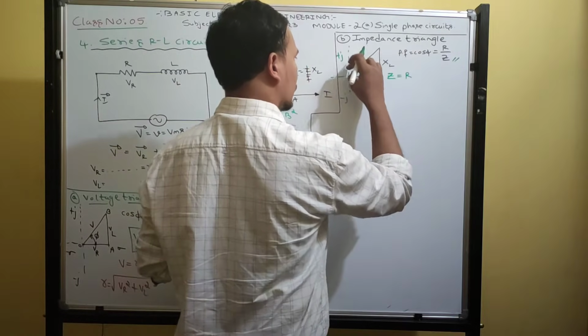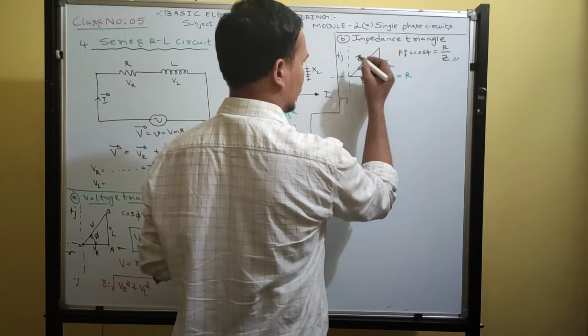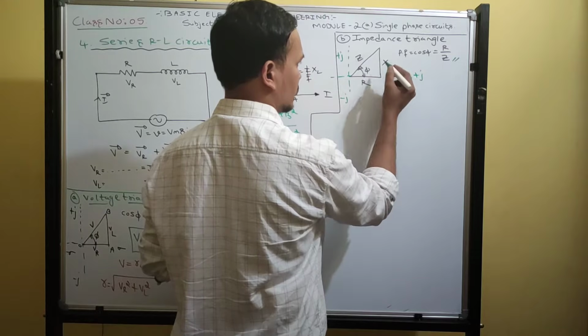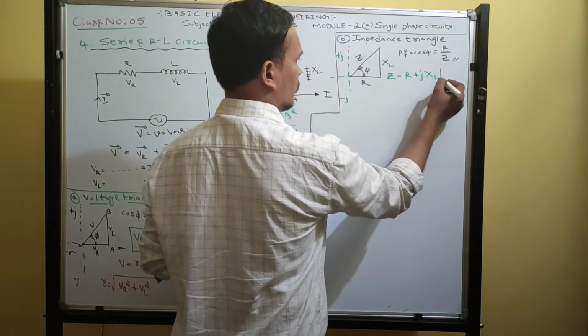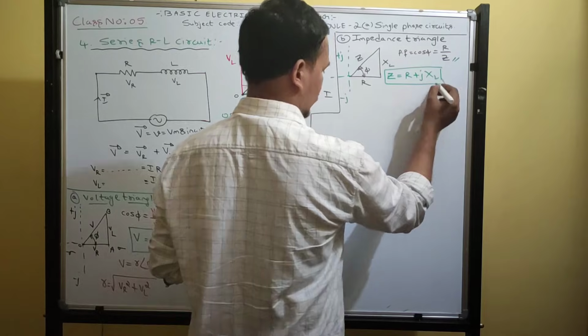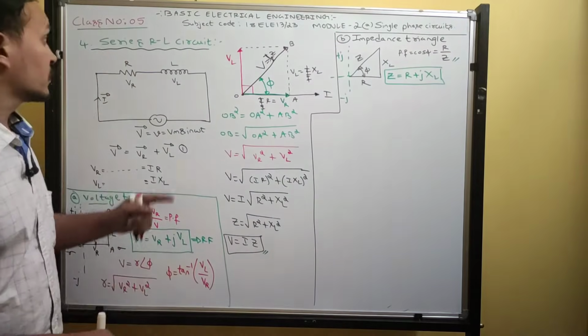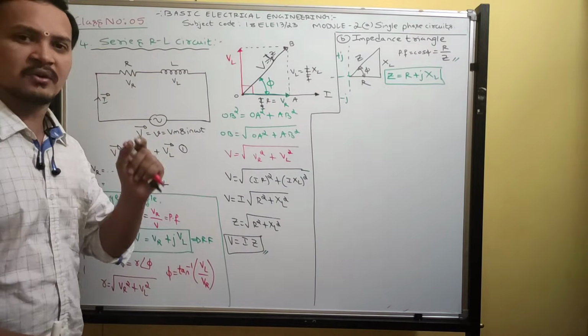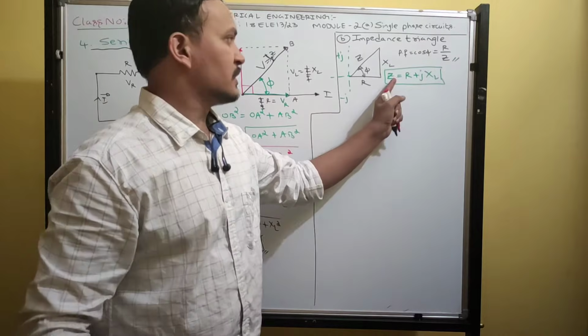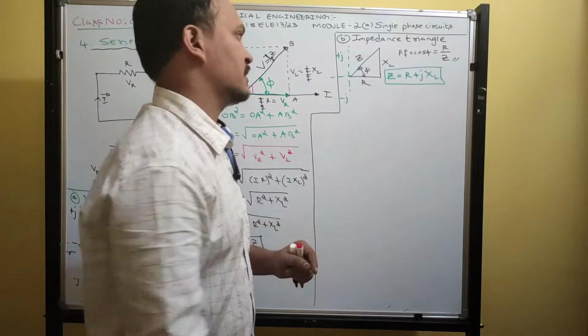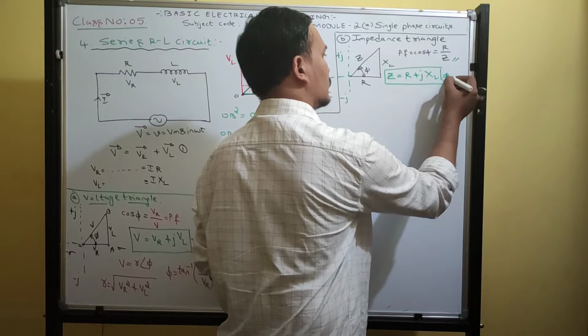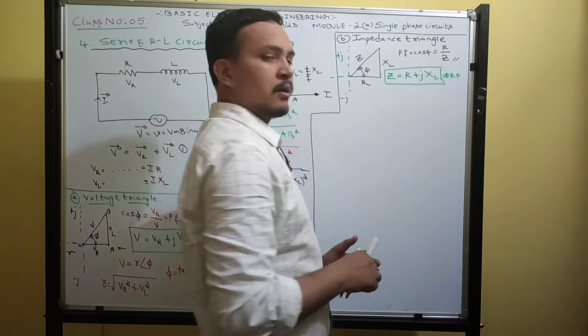Now what is XL? It lies on plus J. Write that imaginary component plus J. What is the value? XL. Therefore impedance in rectangular form for a series RL circuit is Z is equal to R plus J XL. So please write here, it is in rectangular form.